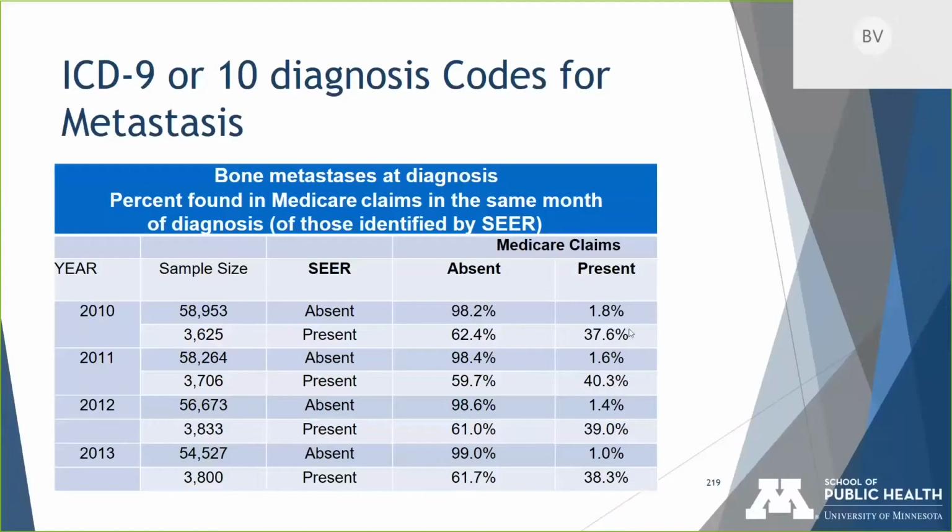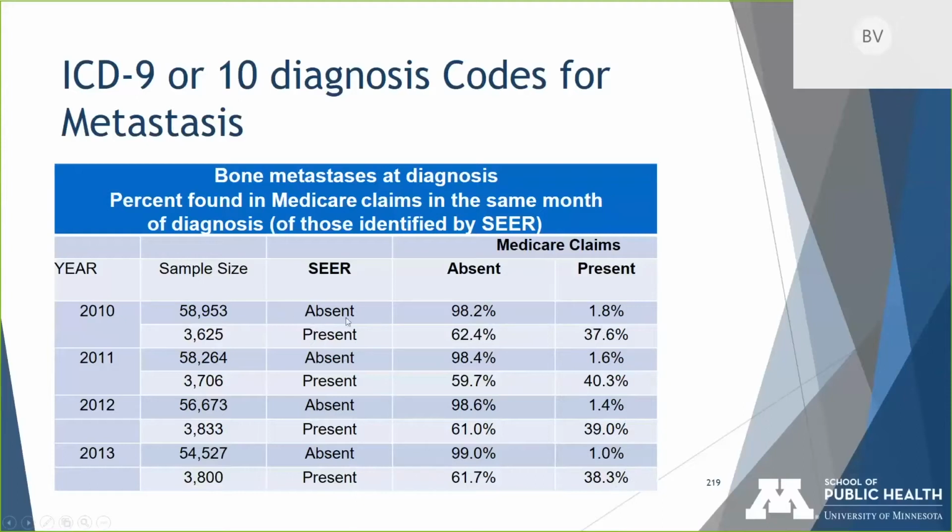So you can see that it's pretty consistent over time, that if someone is diagnosed as metastatic, we have that information in the SEER data. It's just less than 40% of the time do we actually find a code within the Medicare claims that's indicative of that.